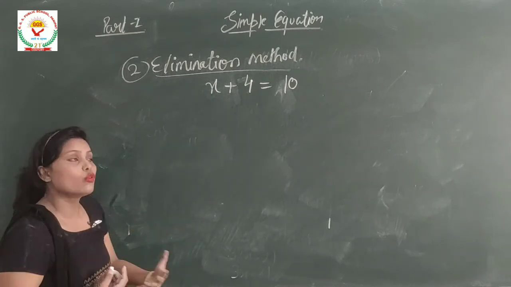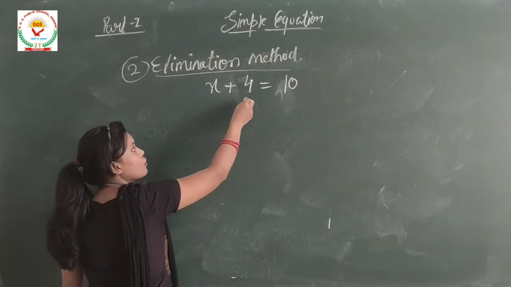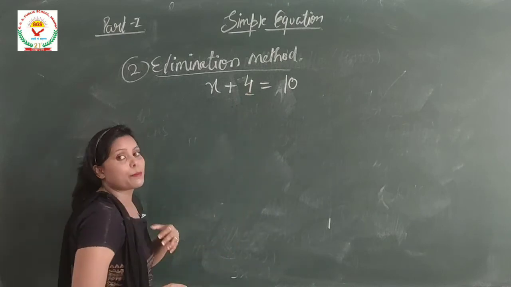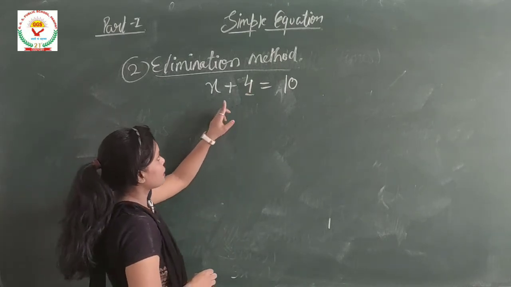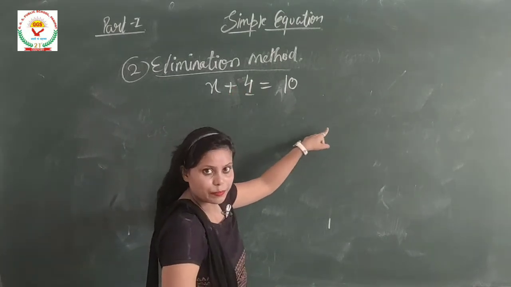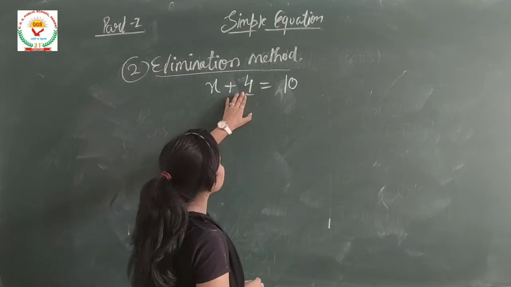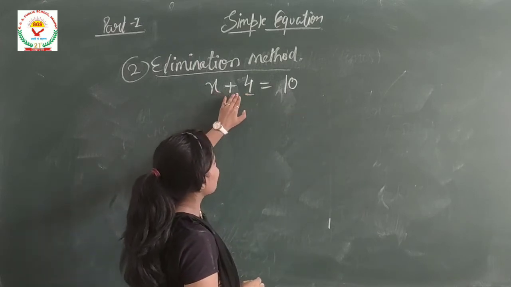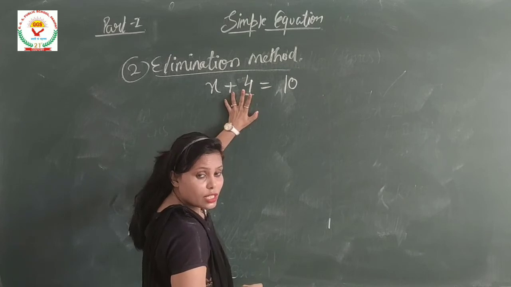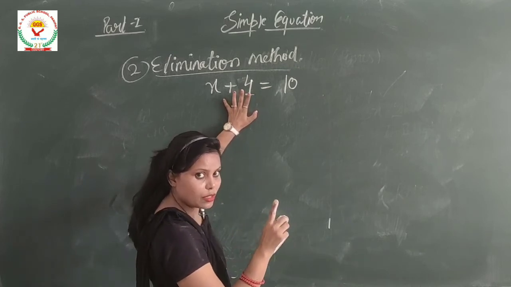So how will we remove it? For removing 4 we will subtract it from both sides, because here 4 is added to the x. The opposite of addition is subtraction, right?